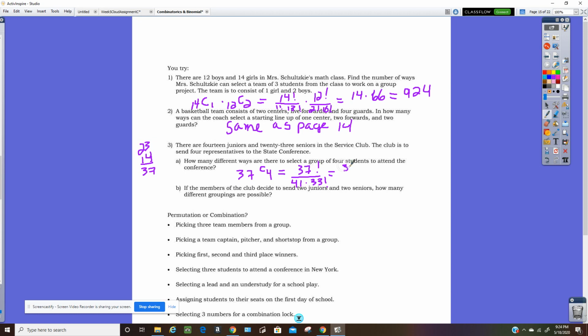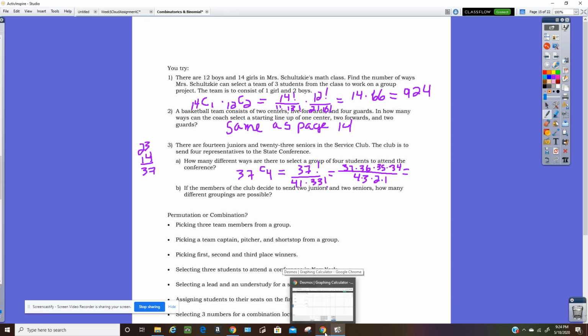So 37 times 36. I was seeing if I could just compute this without the calculator. You need the calculator. It's going to be a big number.